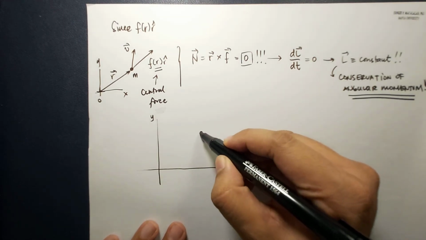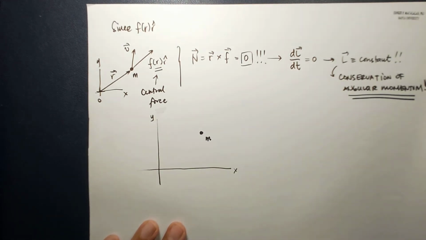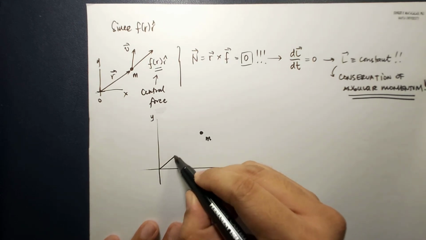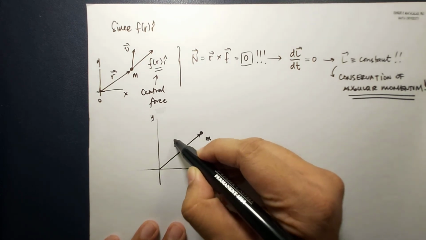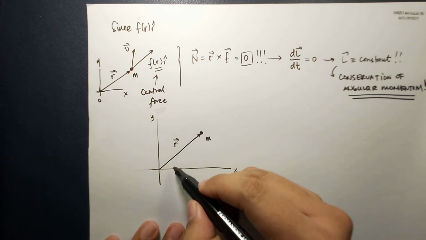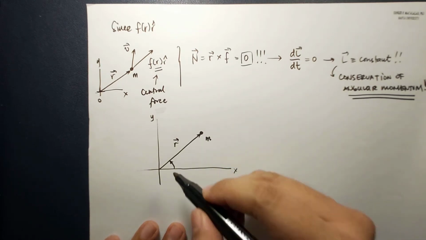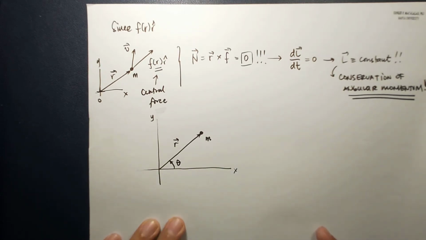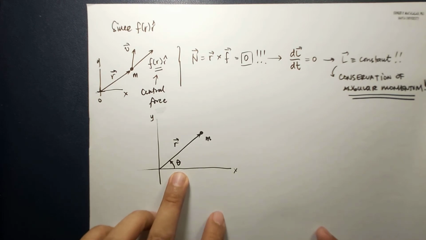And then this is your particle m. The position vector is defined by this, and we can define this angular direction theta.